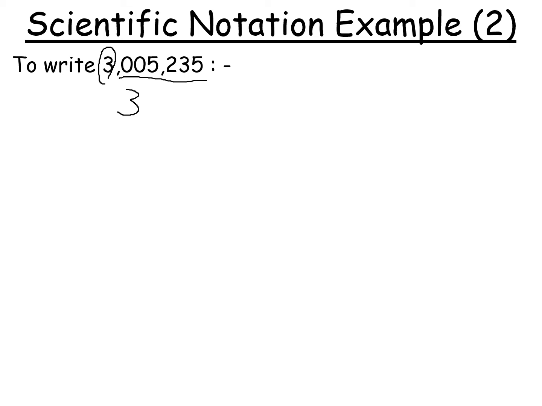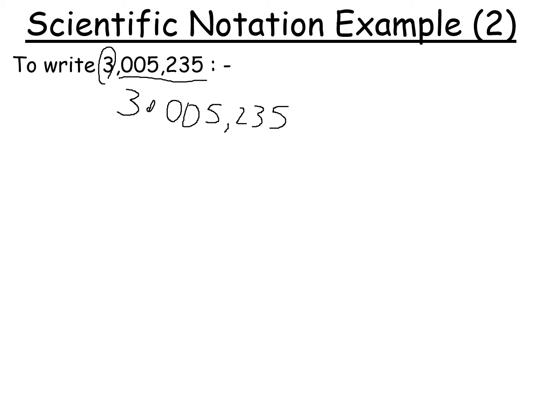So for this one here, we are writing really the same thing, 3.005235. Okay, so we can't really save on any work here because there are numbers after the 0.